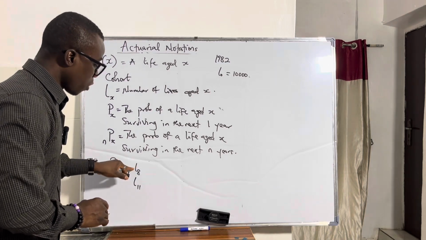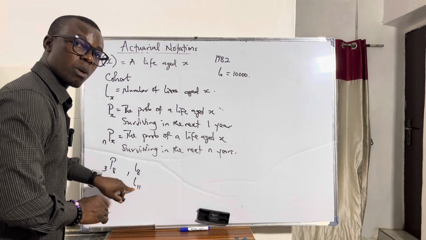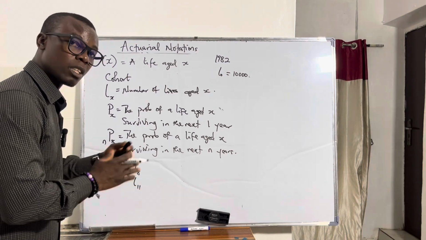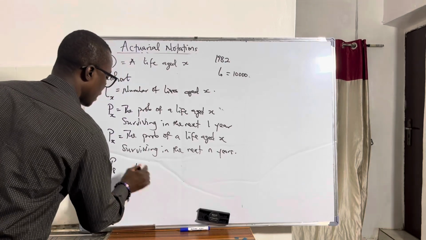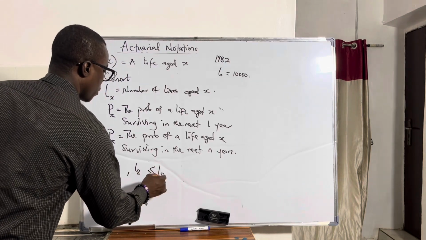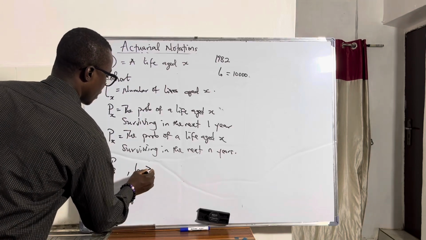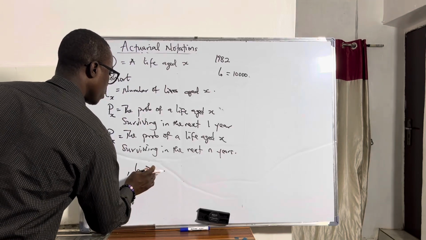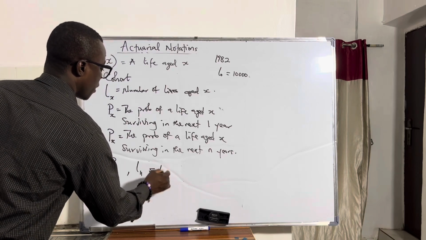So, of course, we know that L8 is greater than or equal to L11, because when we have L11, certainly the number could be the same. So L11 is less than or equal to L8.